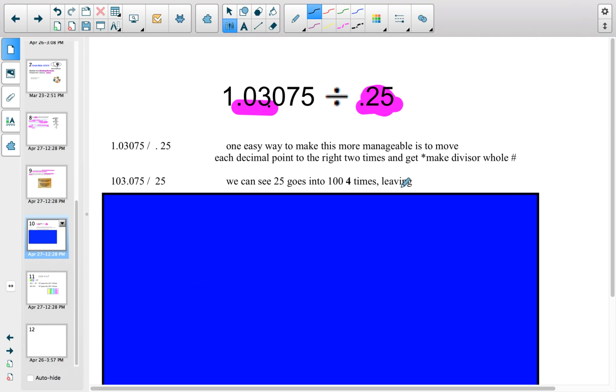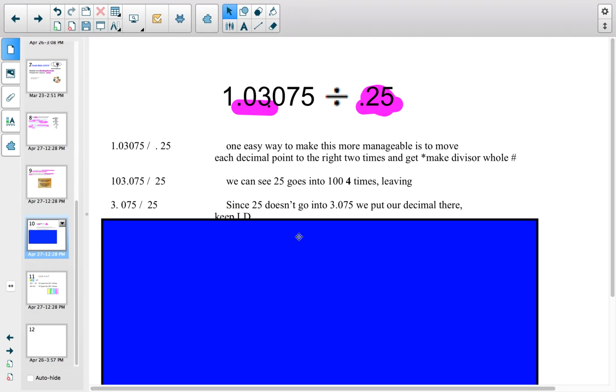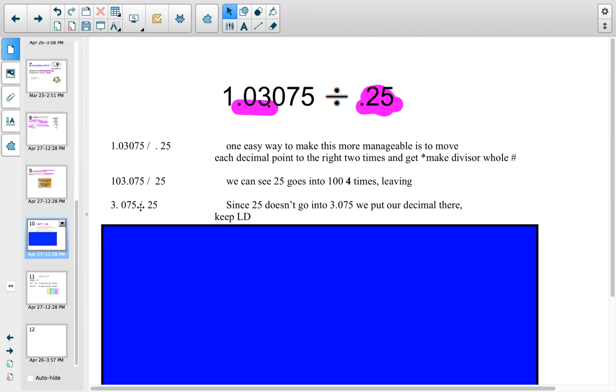Okay, so I look at this, I know that in the 100 spot, right here, I can fit 25 4 times. So I'll have 4. Well, now can 25 go into 3.075?